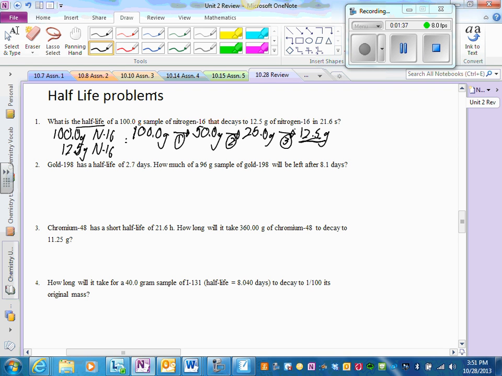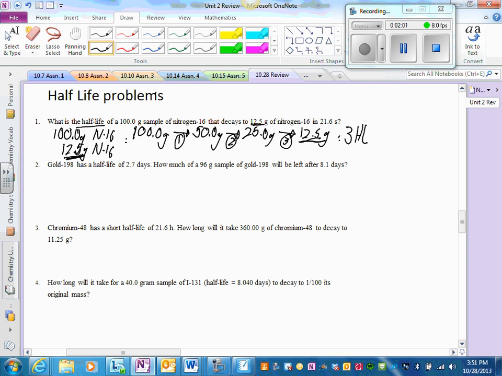So that was what we saw in our question as the final mass of nitrogen-16. Therefore, it took us 3 half-lives, 1, 2, 3, to get from 100 grams down to 12.5 grams of nitrogen-16.